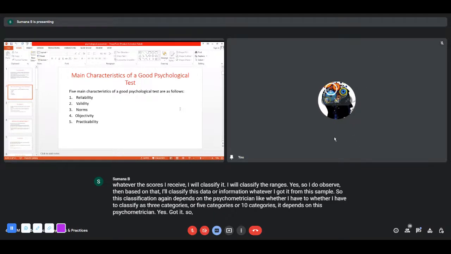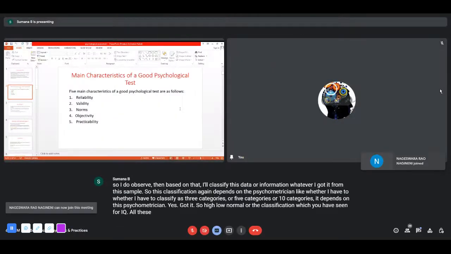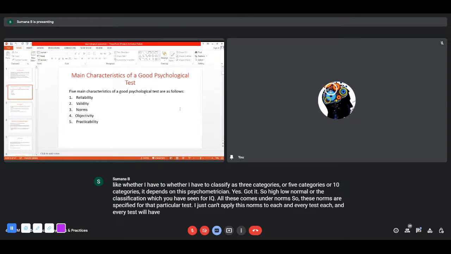So high, low, normal, or the classification which you have seen for IQ, all of these come under norms. These norms are specified for that particular test. I can't apply these norms to each and every test. Each and every test will have its own norms, its own reliability, its own validity scores.